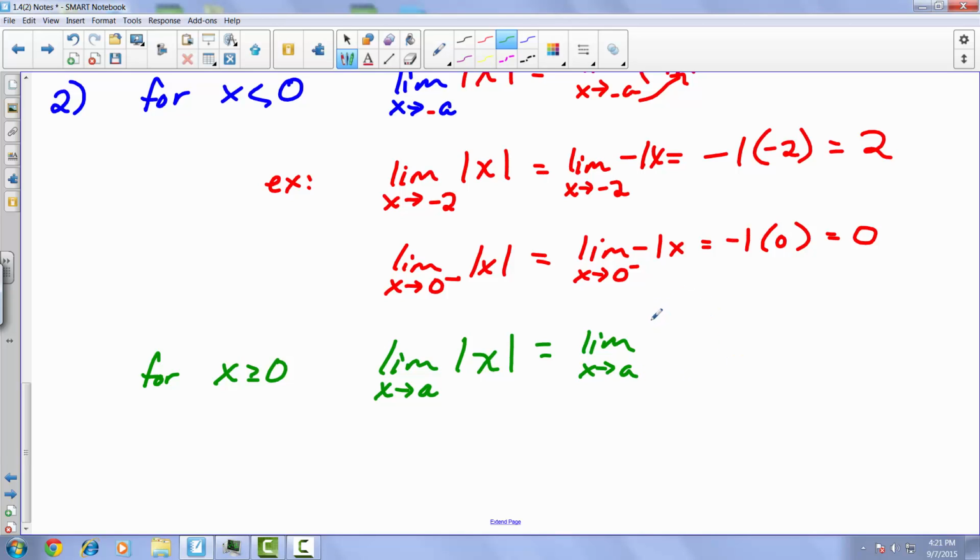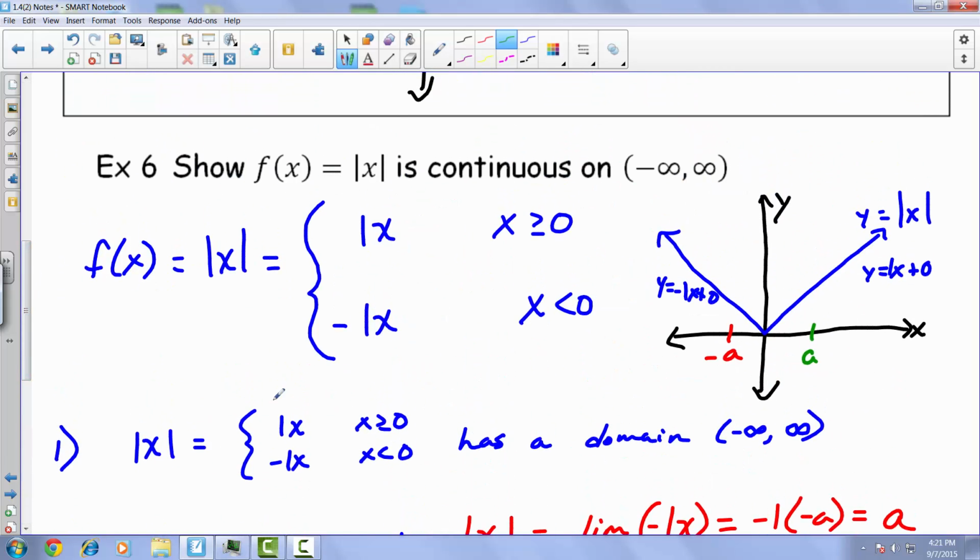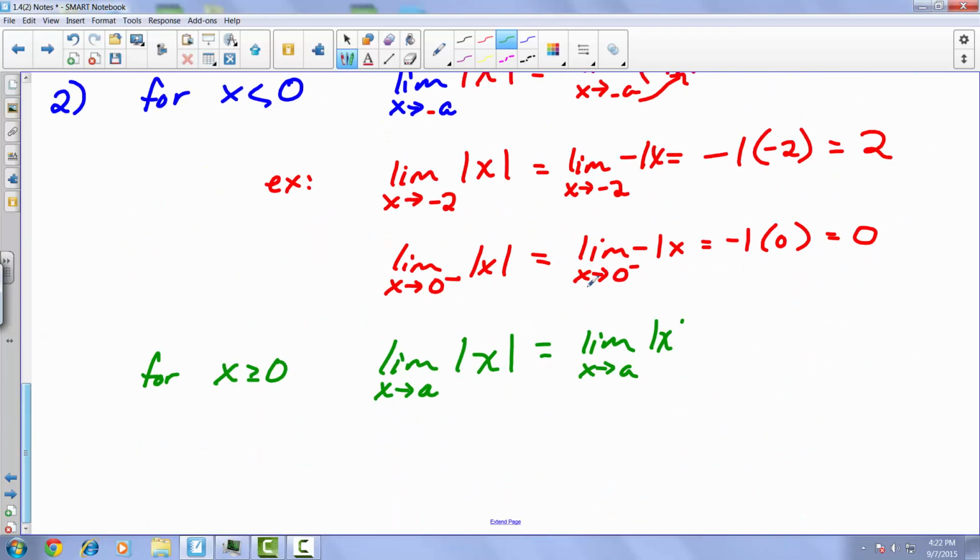Now, again, dealing with that piecewise function, since we are in the positive x values, we just have that positive 1x from our piecewise function. Again, just coming from right here. Well, going ahead and throwing that in there, we end up with 1 times our a that we had, which just comes out to be a.